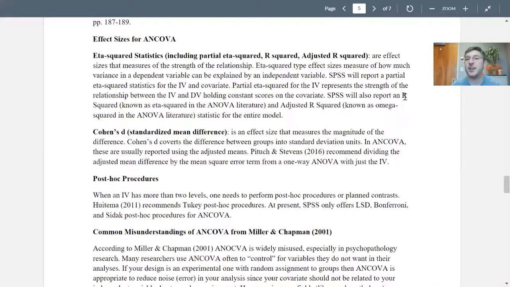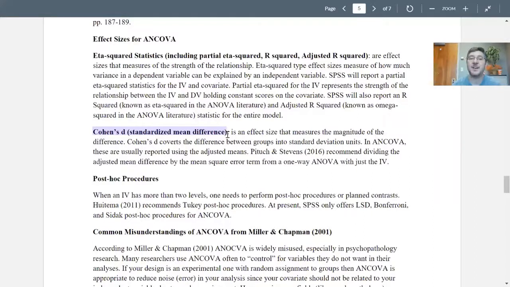So the R squared and adjusted R squared that it's reporting is the proportion of variance explained by everything that's in that model.